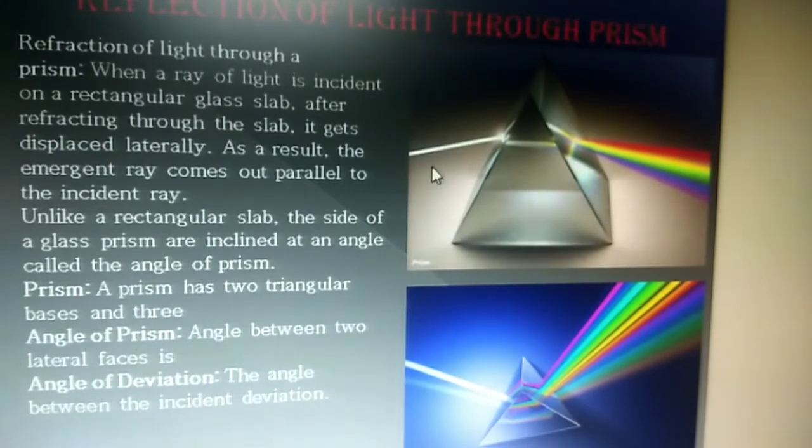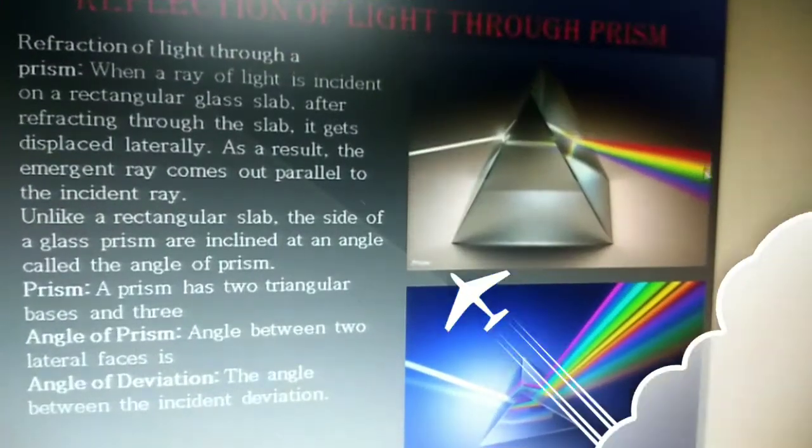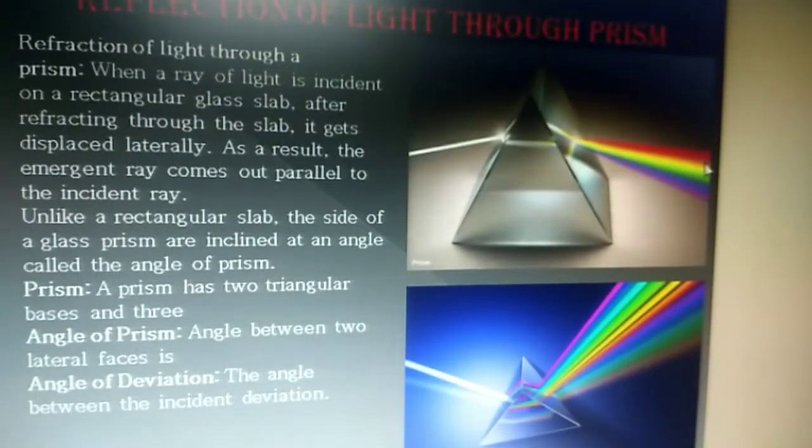Now whenever this white light is passing through it, it refracts and splits, forming a band of colors which is known as a spectrum, and the phenomenon of splitting of white light into 7 colors, that is VIBGYOR, is known as dispersion of light. The main cause of dispersion is the varying speed of different colors of white light.